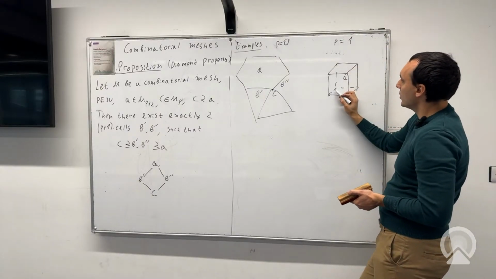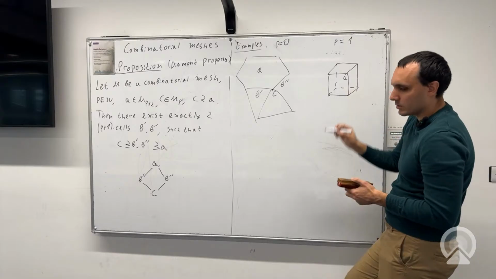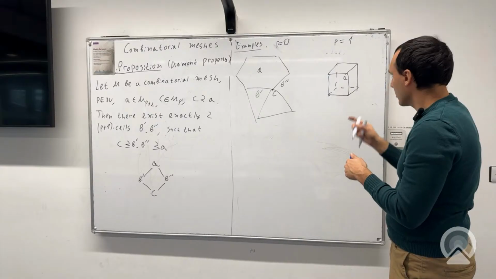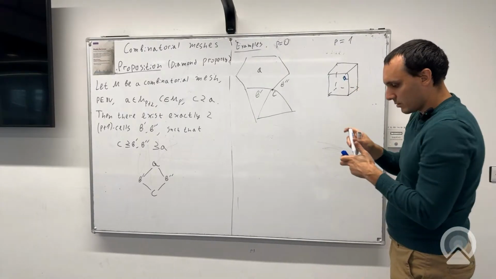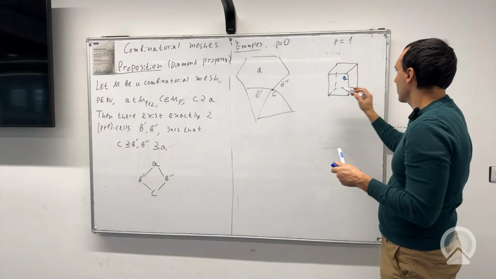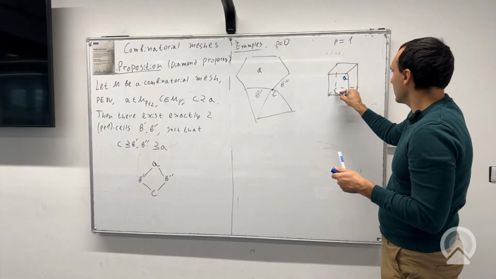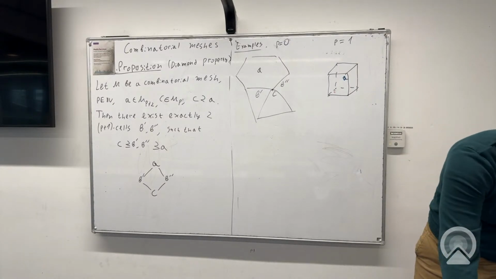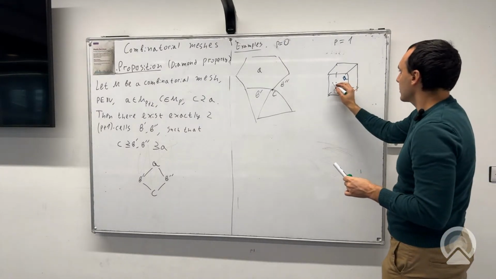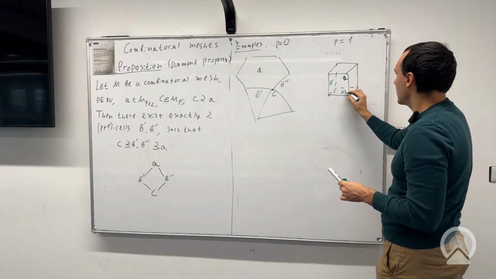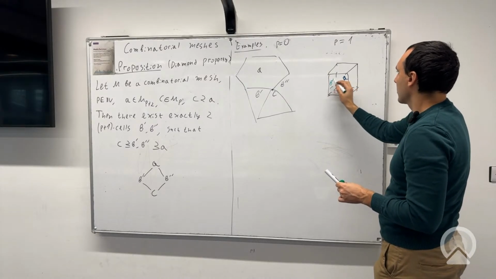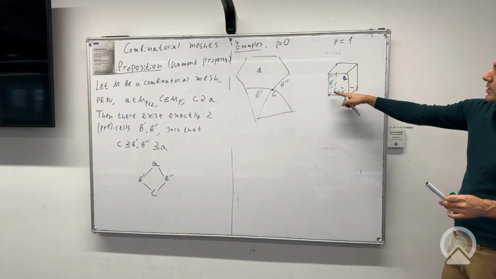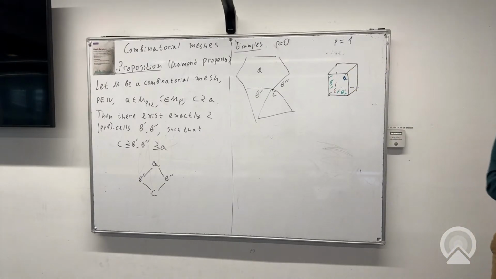And I take some edge here, for example this edge, C. And I have two faces here. I have this face, so this is B prime, and this is B second. So there are exactly two faces coming out from this edge inside that volume.